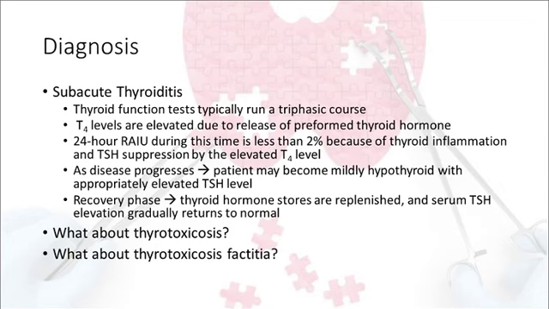Of course, during the thyrotoxic phase of painful thyroiditis, the 24-hour radioactive iodine uptake is generally suppressed to less than 2%, and anti-thyroglobulin and anti-thyroid peroxidase antibody levels are elevated to more than 50% of what is considered normal.